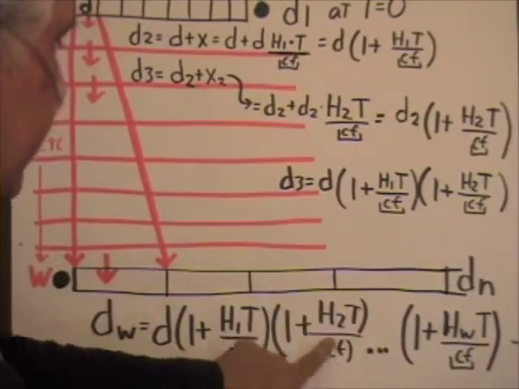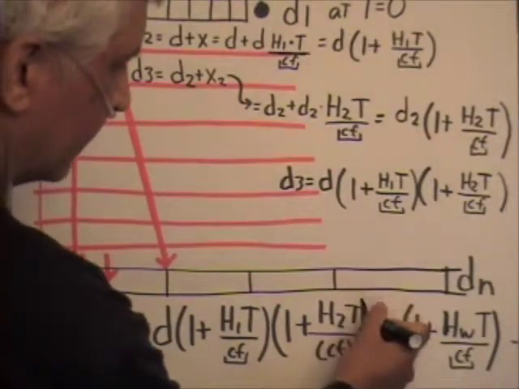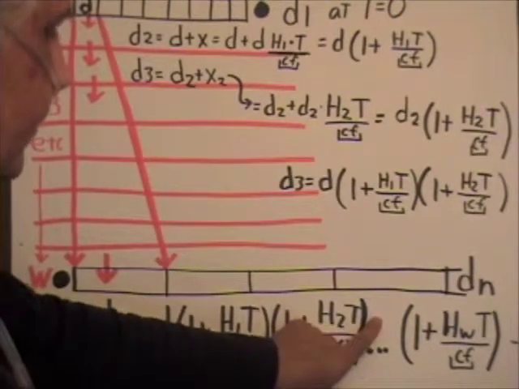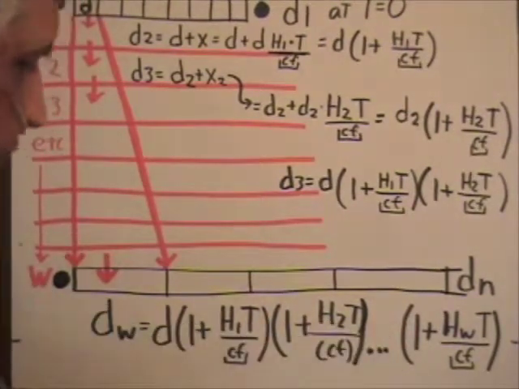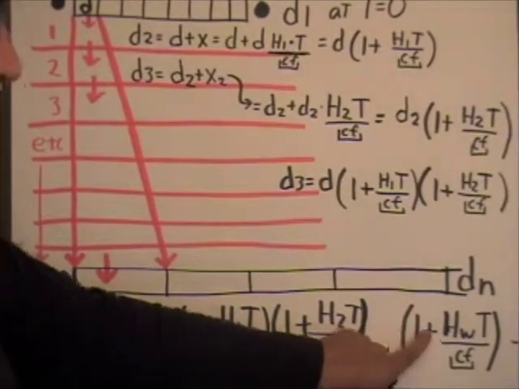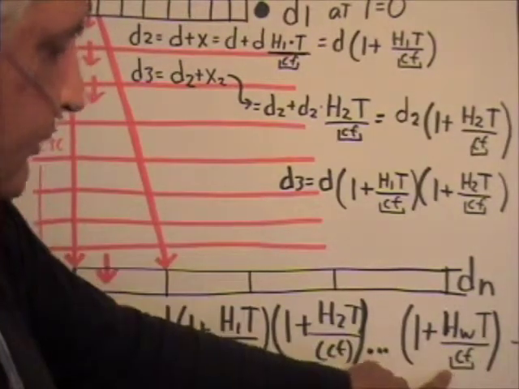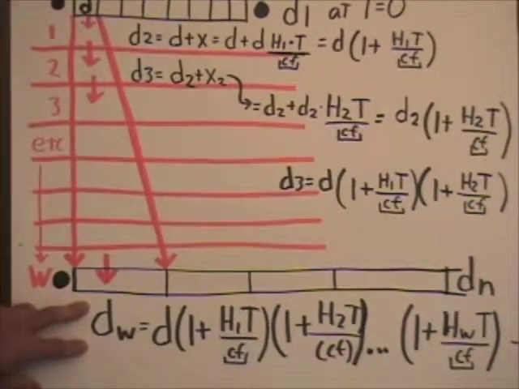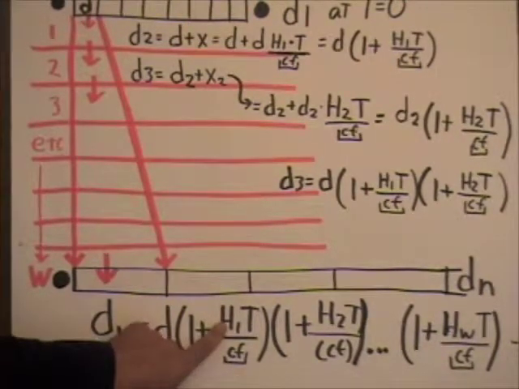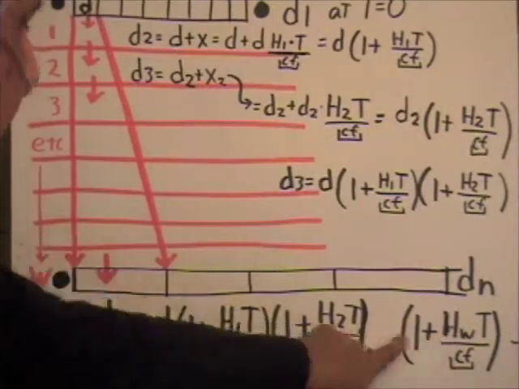There we use another component that includes H3, H4, H5, and so on until we get to the last one for W, 1 plus HW times time over the conversion factor. Now the thing that makes this formula so complicated is that each of these Hubble constants is different for each partition or slice of time as it goes along.